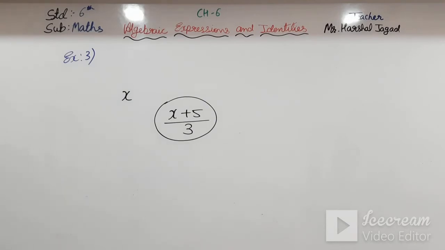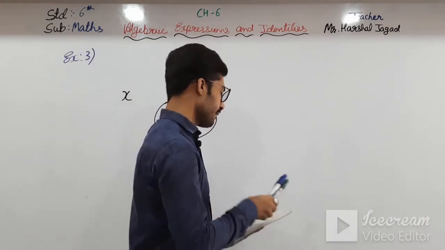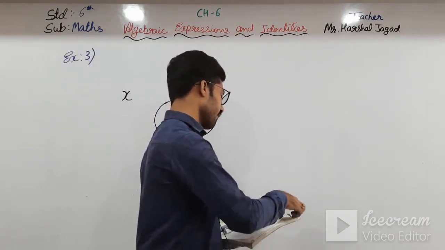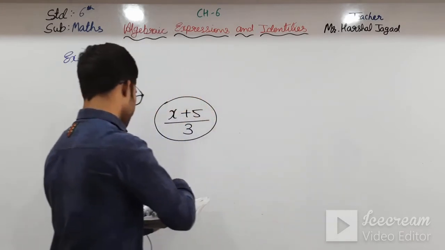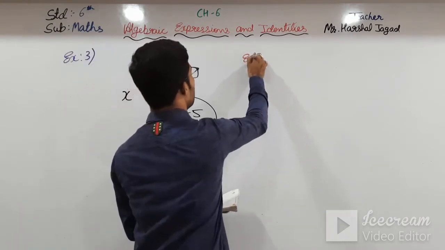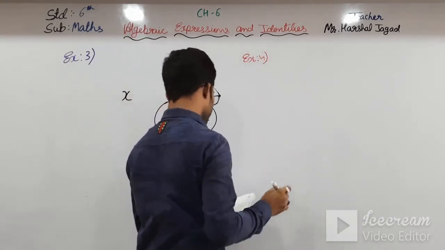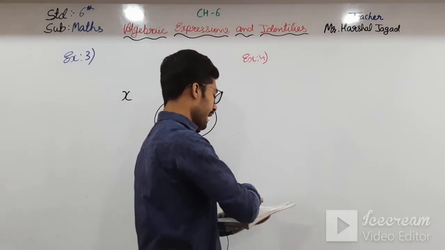See here, example number 4. I think of a number x. Okay students, see here, another example, example number 4, that I am writing. First, what is given? I think of a number x.